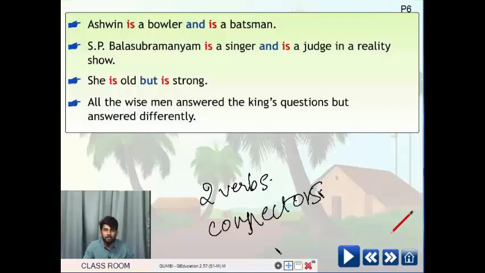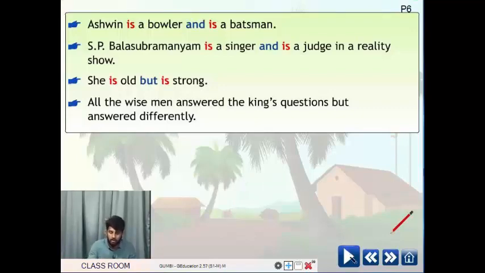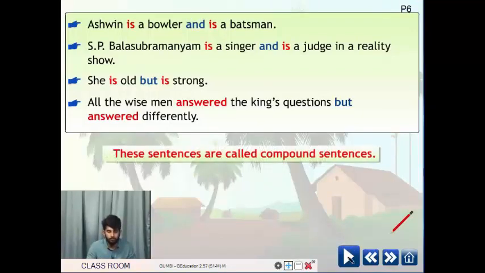So all these sentences are called, what type of sentences are these? These sentences are called compound sentences. So sentences which are formed by combining two different simple sentences together.